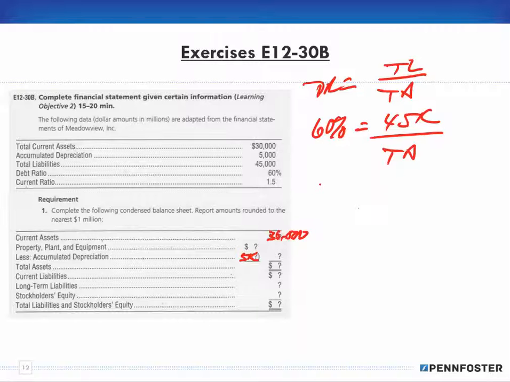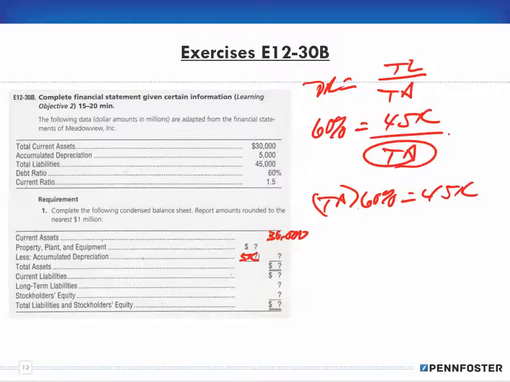In order to manipulate the formula and isolate the total assets, I multiply both sides by the total assets. So total assets times 60% is equal to 45,000.